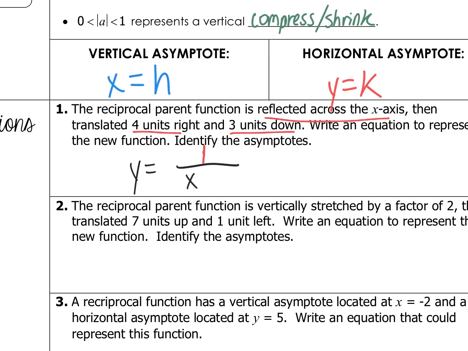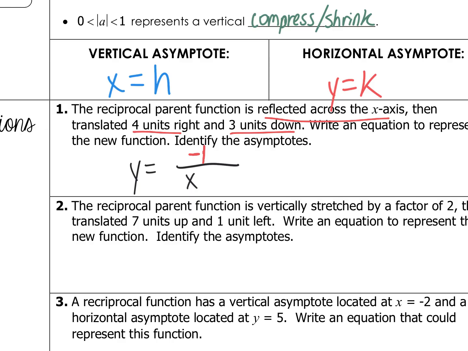Is it negative or not? It's negative. Why is it negative? Reflected. Once again, negative is if it's reflected. And if I have a stretch or shrink, that's where I throw a number in there. But if I don't have a stretch or shrink, we automatically assume it's a 1. So this time it's a negative 1.